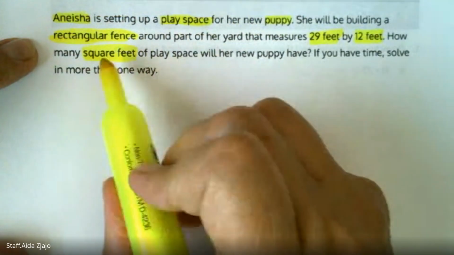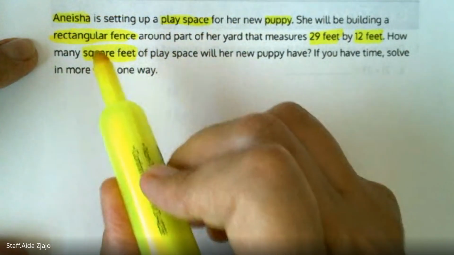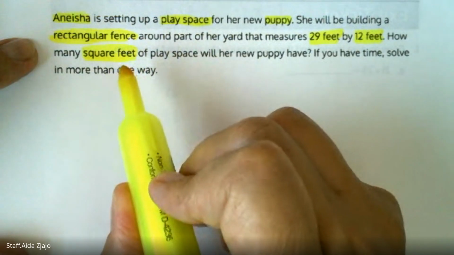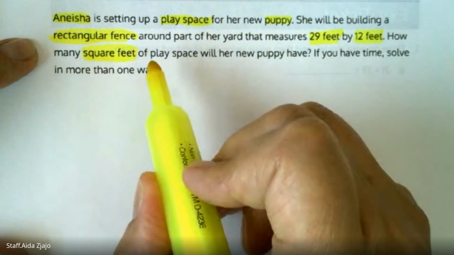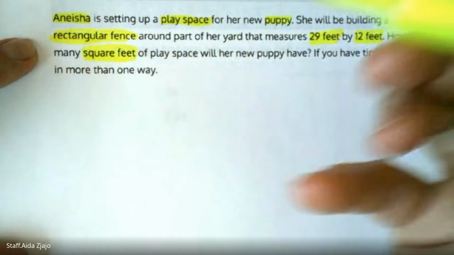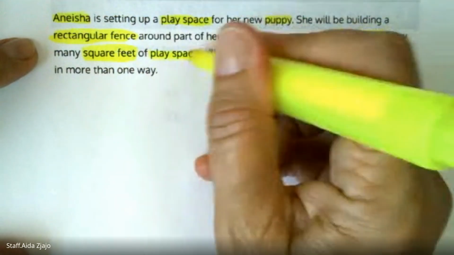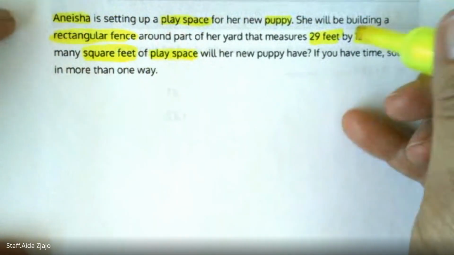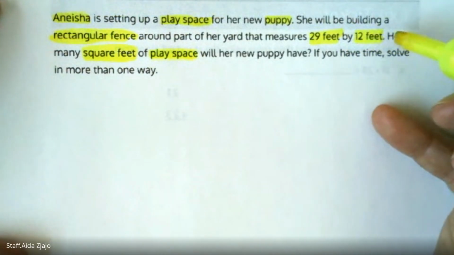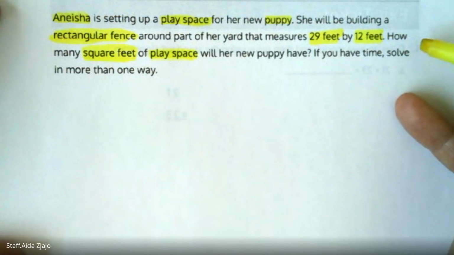But because they say square feet, it is telling you that you need to find the area of that play space. So I know now that my goal is to find the area of that 29 feet by 12 feet.